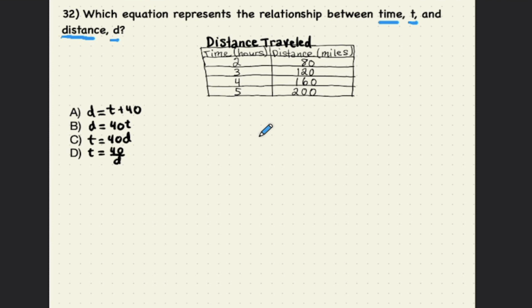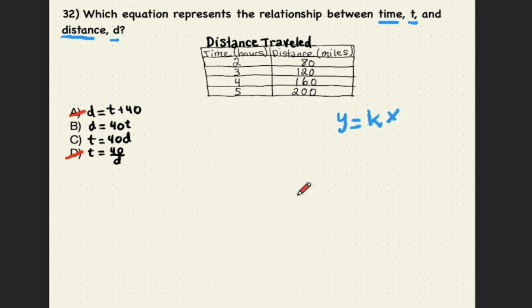And what do you know about direct variation? Well, y equals k times x. So all you have to do here is start eliminating answer choices. It's not going to be answer choice D, and it's not going to be answer choice A. Then we have B and C left.